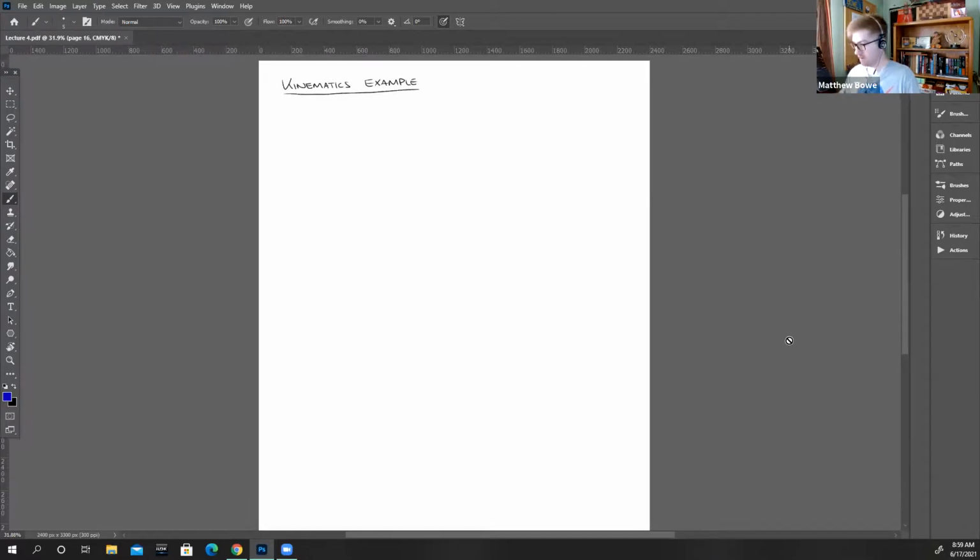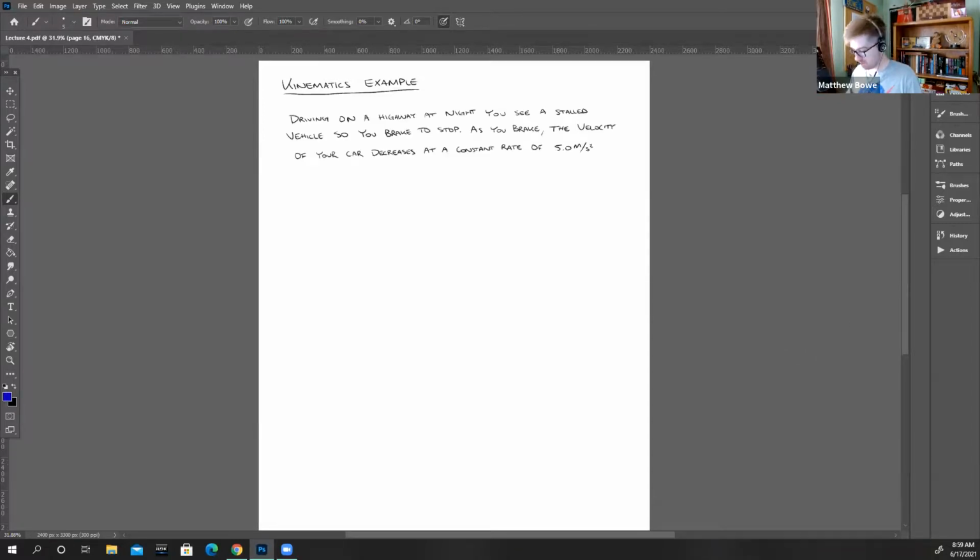So let's go on to the example. For this first one, you are driving on a highway at night and you see a car in front of you that is stopped for some reason. It's stalled and you brake to stop your car.